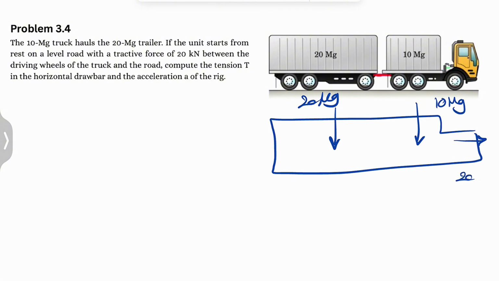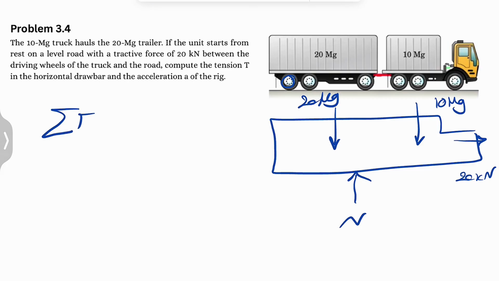We need to watch the units here. We also have the normal force between the road and the tires. Obviously we have multiple, but for now let's consider one normal force for all of the surfaces.